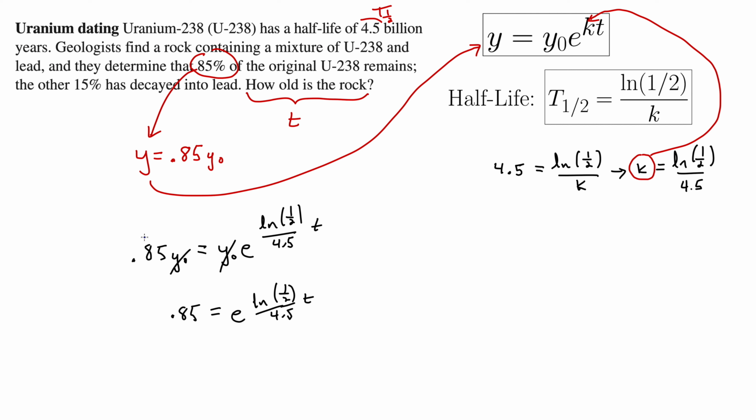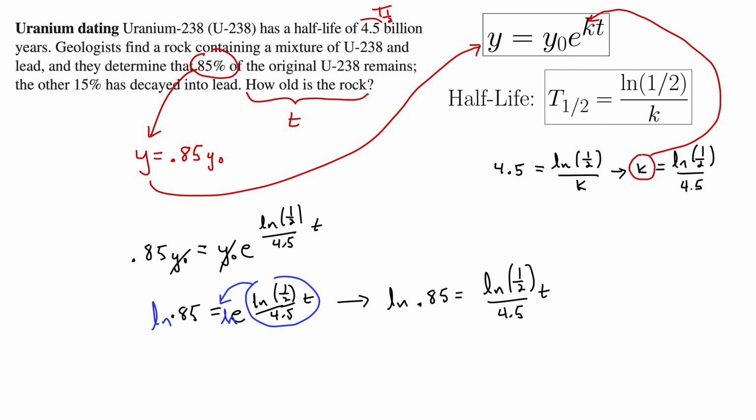Well, our variable is stuck in the exponent, so we take the natural log of both sides to get it down, right? So then all of this comes down to the front, and we're left with natural log of 0.85 equals all this, natural log of 1/2 over 4.5, times t.